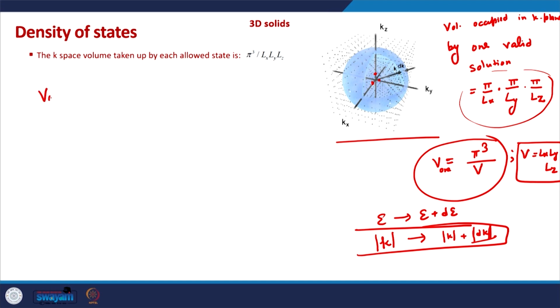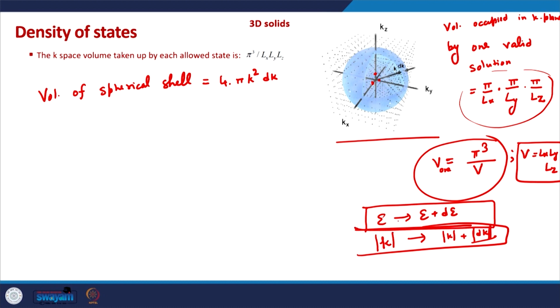So, the volume of the spherical shell is 4 pi k square dk. The number of electronic states in this spherical shell corresponds to the number of electronic states in the energy range from E to E plus dE, and this is what we are trying to calculate actually.